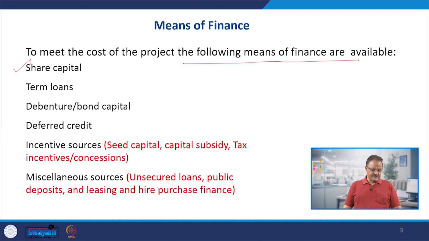Share capital is the funds raised from the general public by issuing equity, normally through an IPO, initial public offer, and later through FPOs, follow-on public offers. So this is one source, but it is not available to all kinds of ventures.